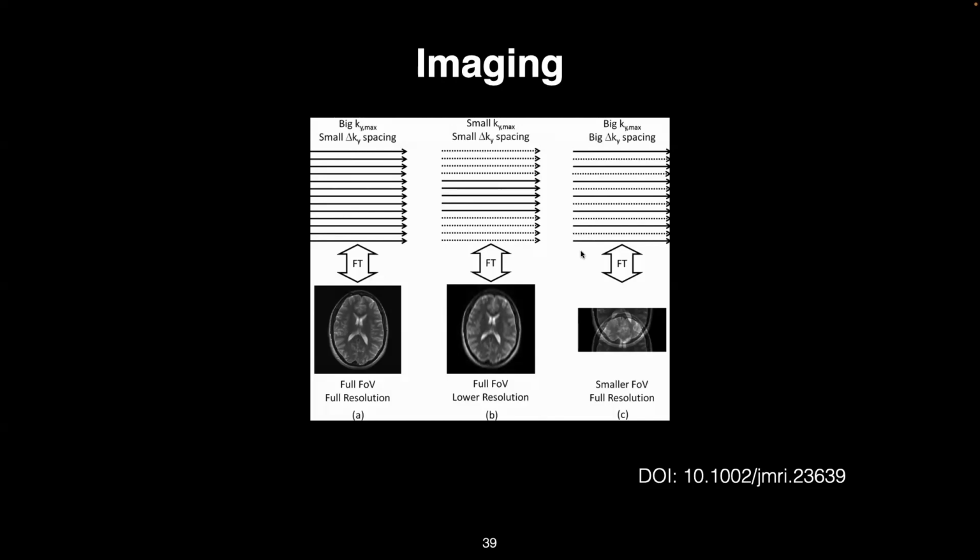Now remember, with our relationship between image space and k-space, if you increase the steps in your k-space, then you're reducing your field of view. So that's what's shown here. Because now we've essentially doubled the spacing in y in k-space, we essentially halved our field of view in our image space along y. And this gives rise to image aliasing. So this is why, if you don't do anything and you collect data like this, you're going to have your images folded over on each other like this.